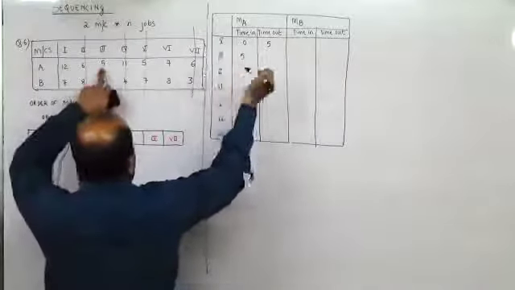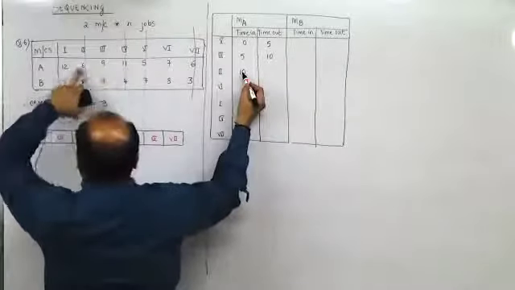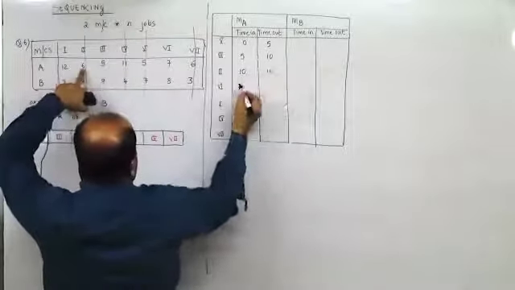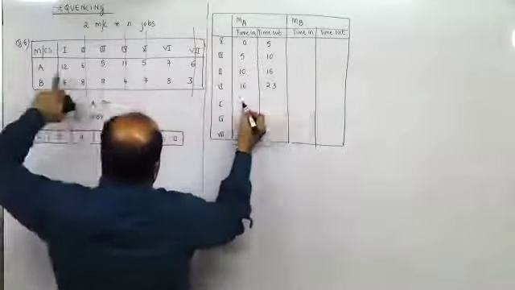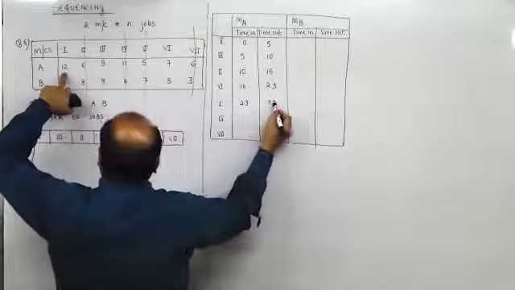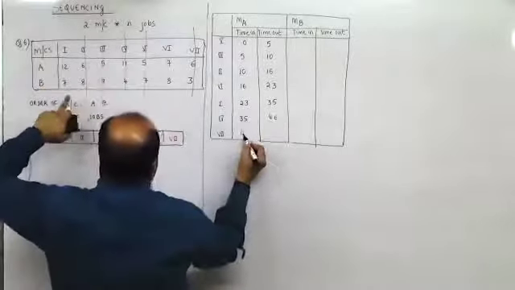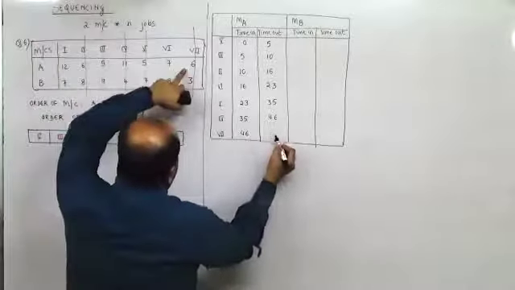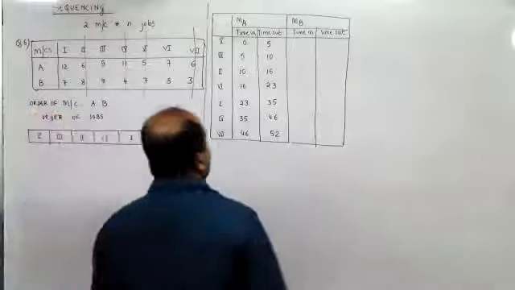Now third job comes in 10 minutes. At 10 minutes, second job goes in 16 minutes, 16, sixth one, so 23, 23, first one, so 35, 35, fourth one, so 46, 46, seventh one, so 52. By 52 minutes, the first machine is free.